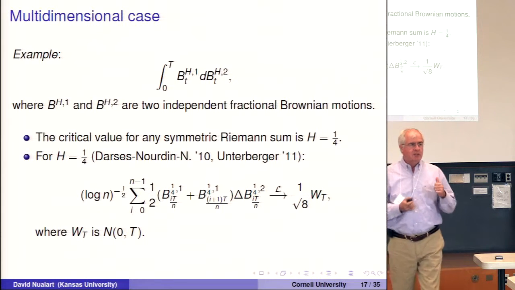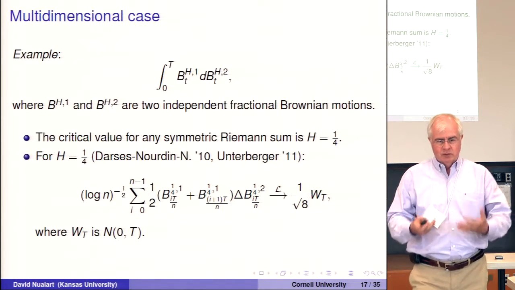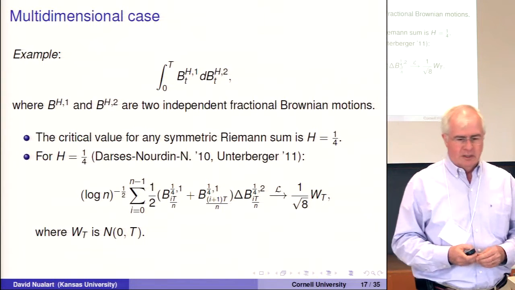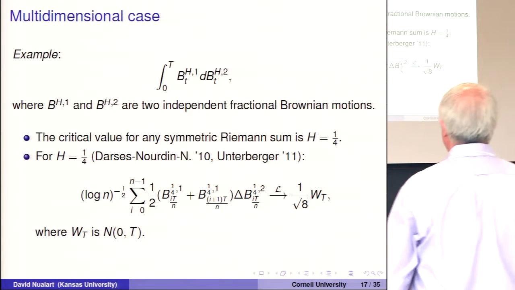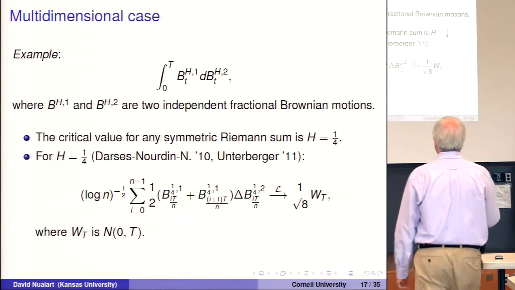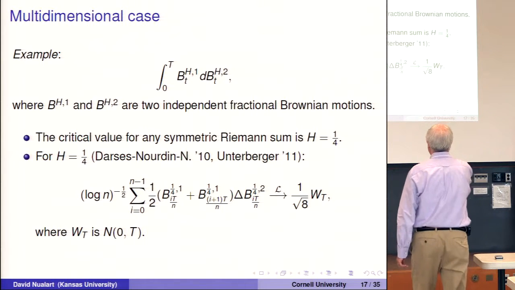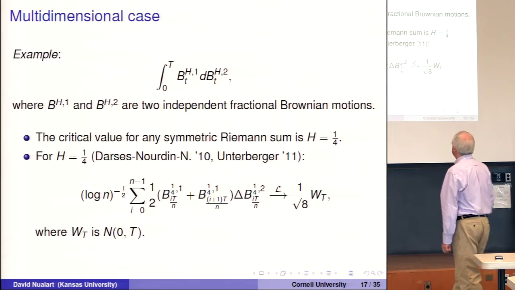So rough path analysis can be used to construct a stochastic calculus and to solve differential equations, but only for H bigger than 1/4. For H less than 1/4, there's no way to define this double integral because you have this divergence, and then you don't know what to do.